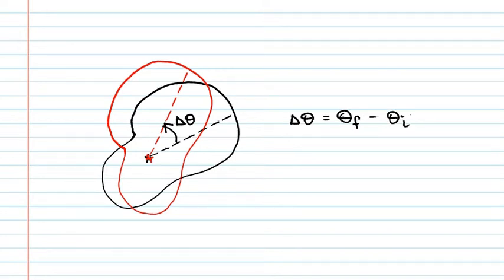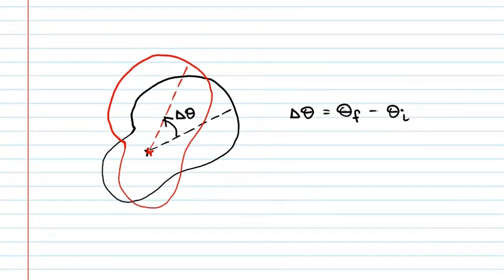It's the final angular position minus the initial angular position for the object. But this is going to be the angular displacement. Our old displacement or linear displacement would have been a delta x or a delta y or a delta r, perhaps, depending on exactly what we were looking at.